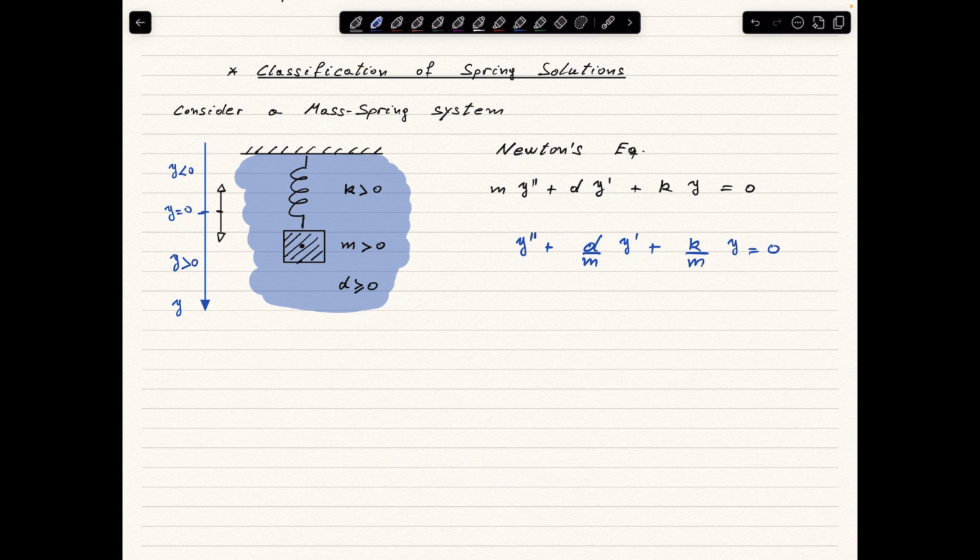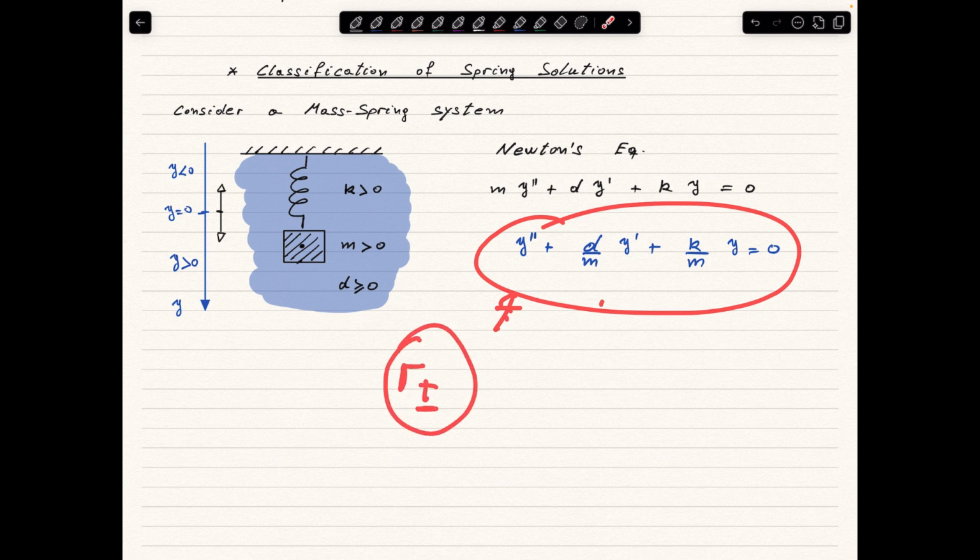And now we are going to rewrite this equation a little bit. Why are we doing this rewriting? Because we want to find the solutions of this equation, and the solutions are going to involve the roots of the characteristic polynomial, and we want a nice expression for these roots. The expression for the roots is going to be nice if we write the equation in terms of slightly different coefficients.